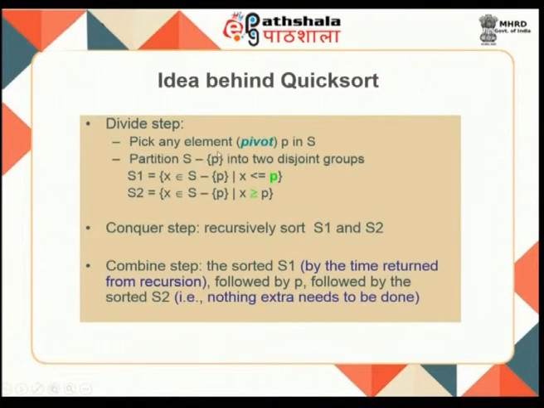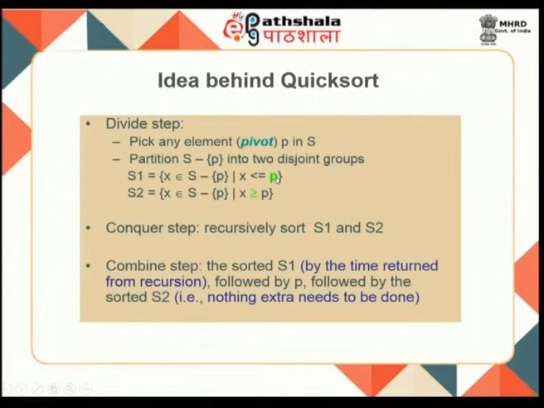The list is divided into 2 disjoint groups, such that the first list has all elements except the pivot that are lesser than or equal to the pivot, and the other list has all elements except the pivot that are greater than the pivotal element.